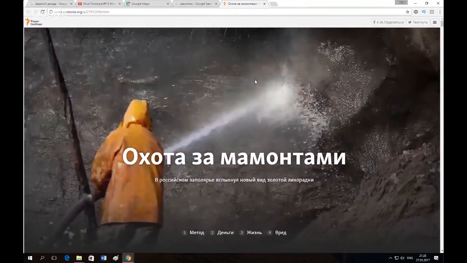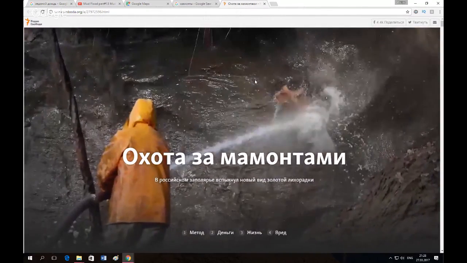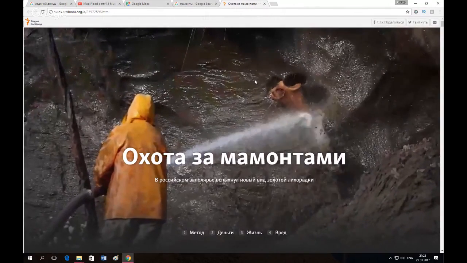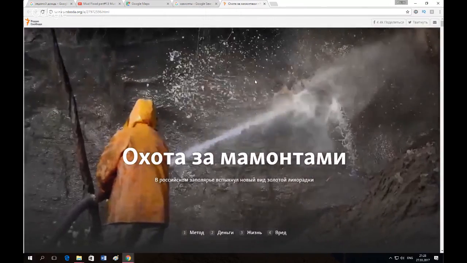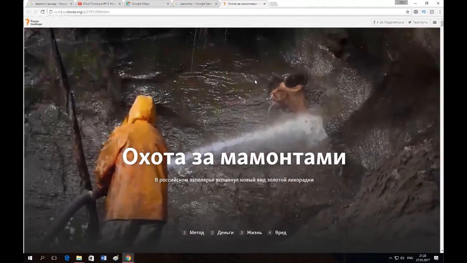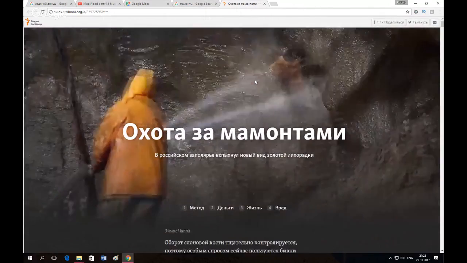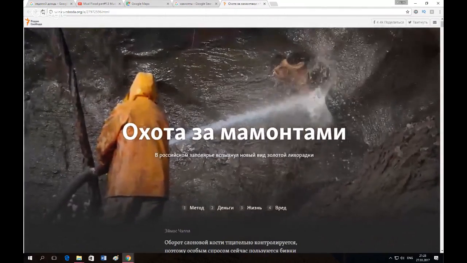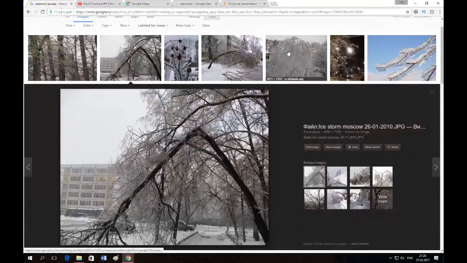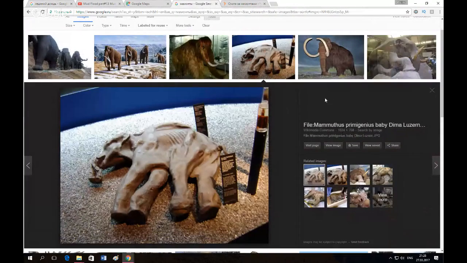So that proves that the mammoth was probably frozen in a couple of minutes at least, maybe 10 to 15 minutes, maybe even faster. And this type of speed can be produced by only one thing, the ice rain. So the ice rain could have actually occurred.